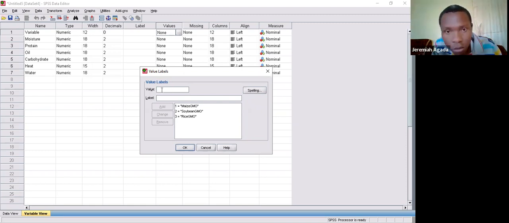So 4 will now be local maize. 5 will be possibly local soybean. And then 6 will be local rice.